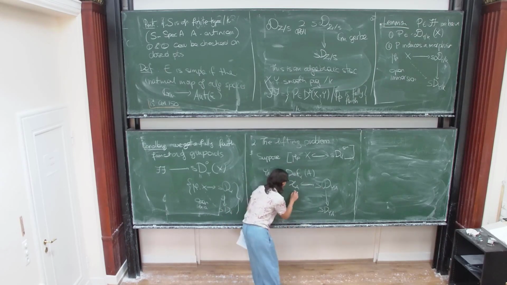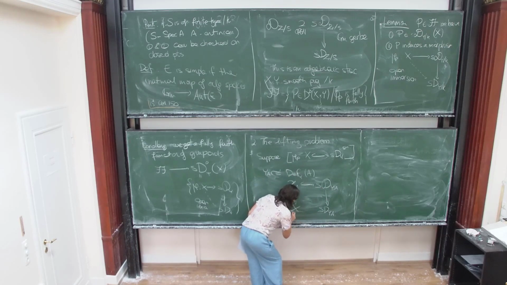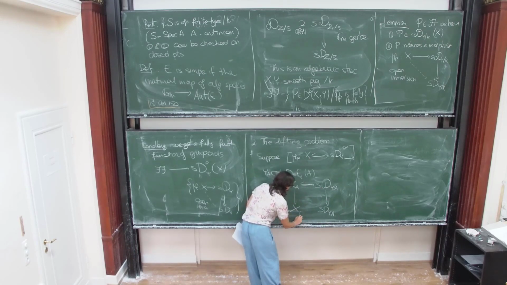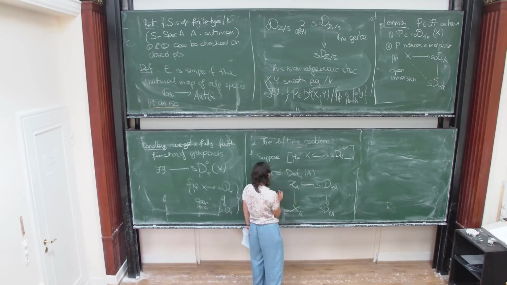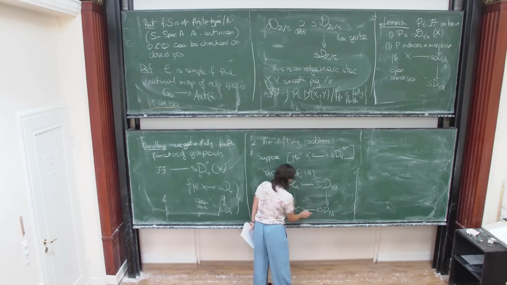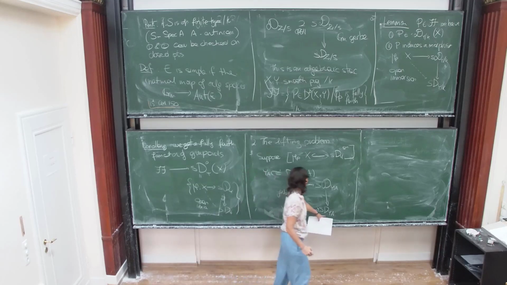So there is a coarse moduli space, it's A, and this is a gerbe. And X_A goes into here.